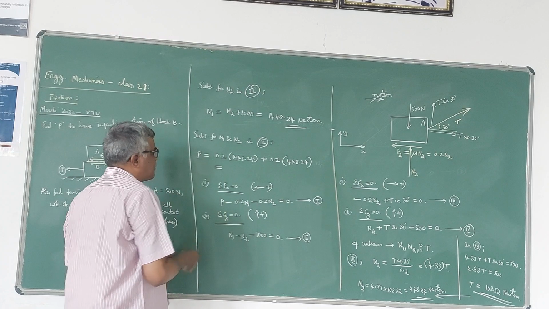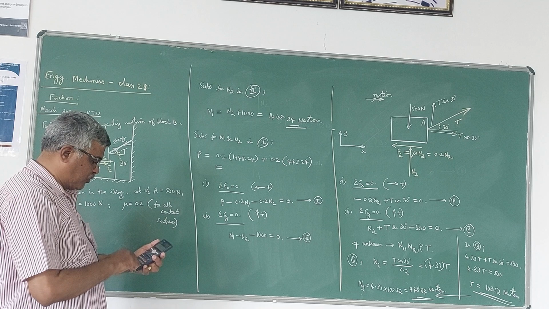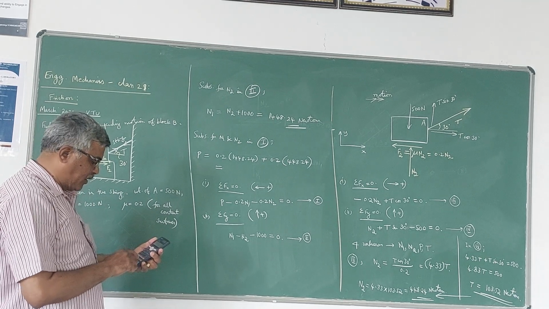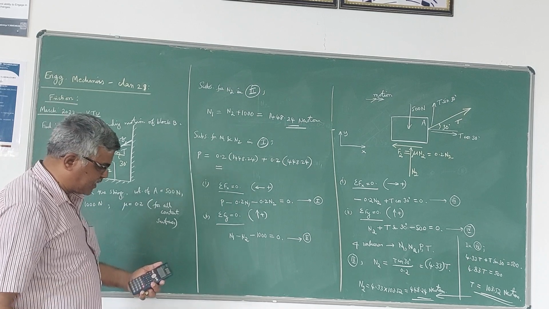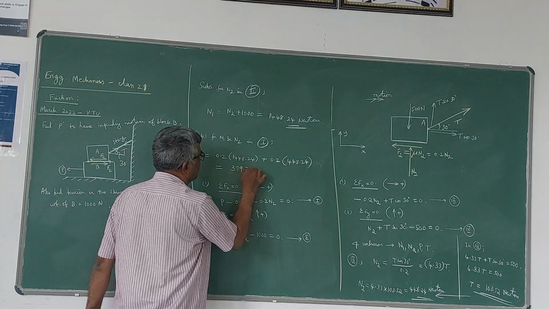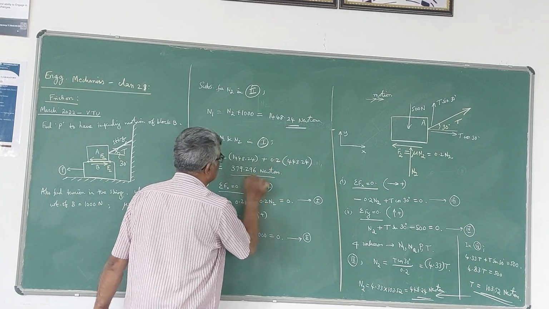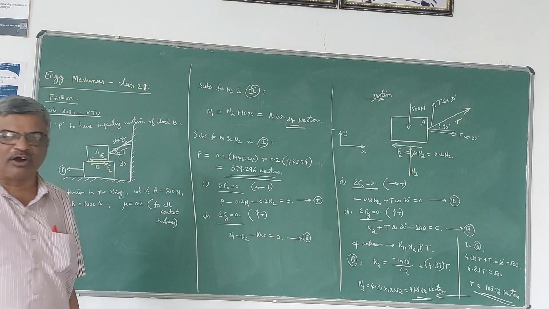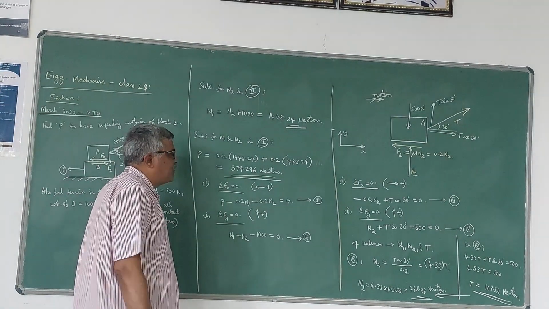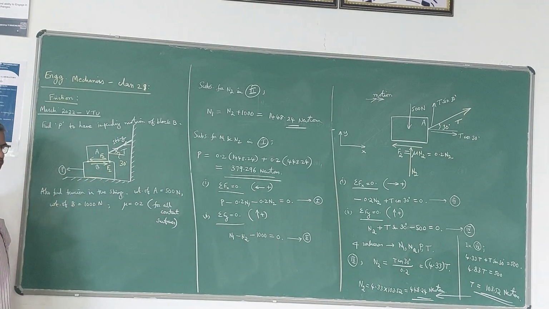If you simplify this, you will get 1448.24 plus 448.24 into 0.2, which is 379.296 newtons. So this is the minimum force that is required for impending motion of block B. When you apply a force of 379.296 newtons, then block B starts impending motion towards left.